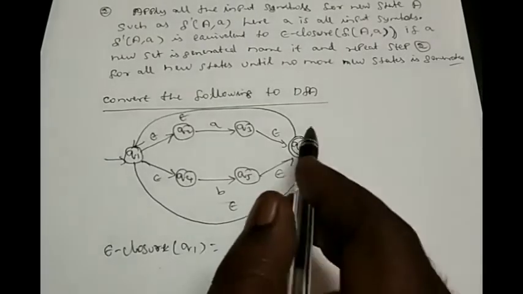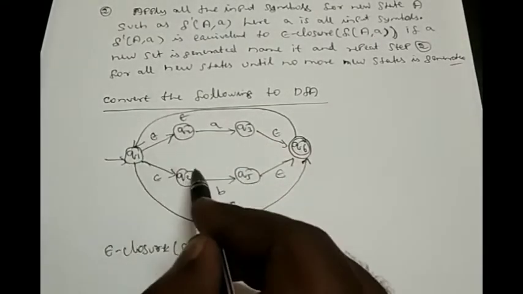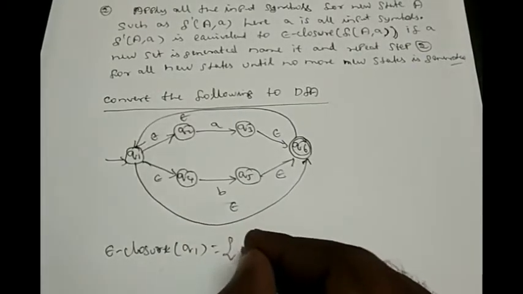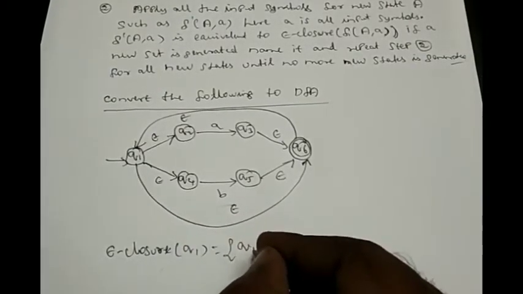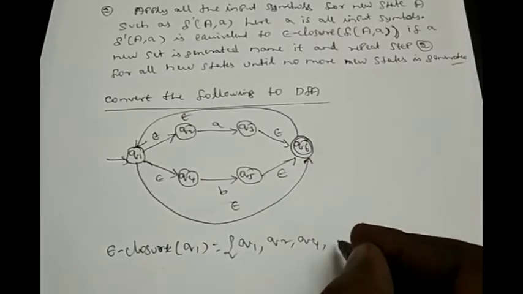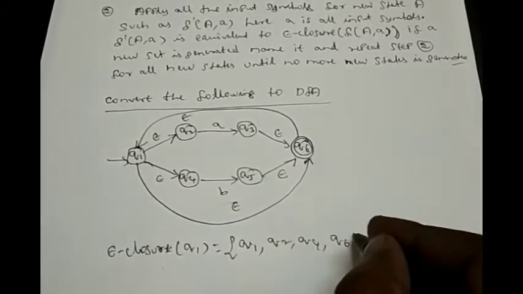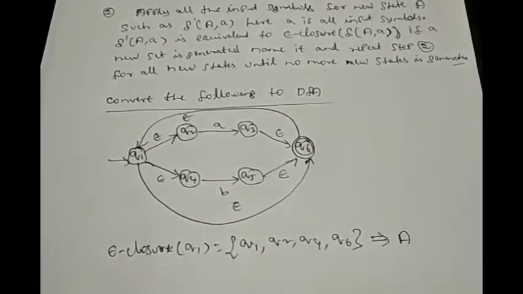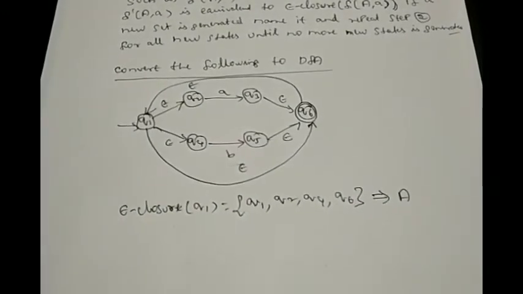From Q6 it again goes to Q1 and Q2, which are already covered. So the epsilon closure of Q1 is Q1 itself, Q2, Q4 and Q6. Name this new state as A. So I have named this as A.